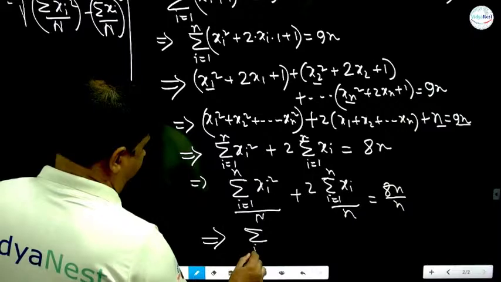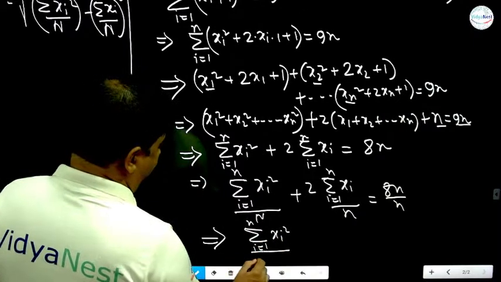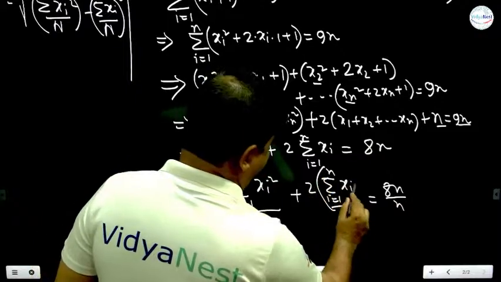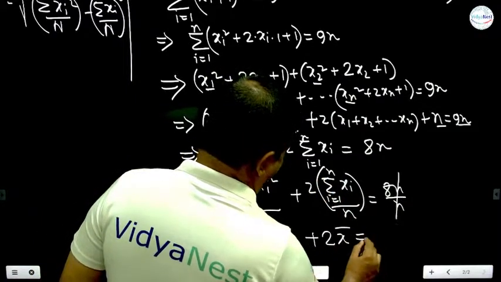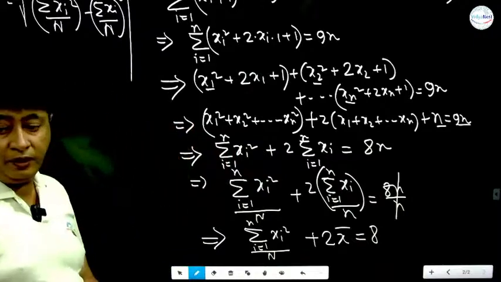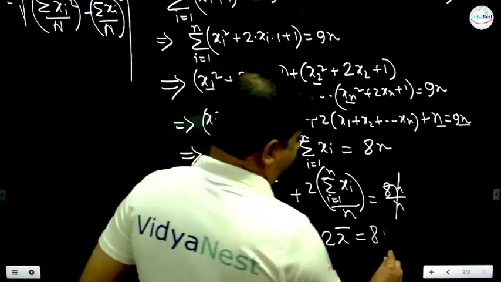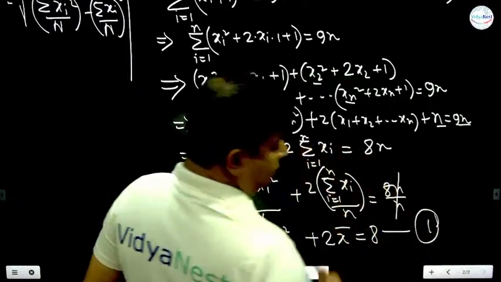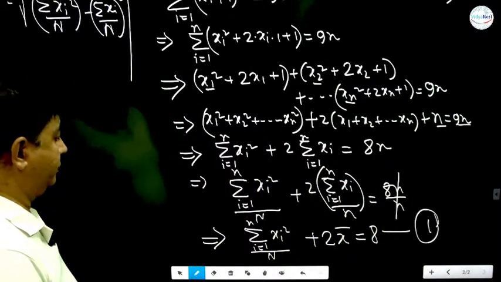Summation of i equals 1 to n xi square by n. Instead of this, what can I write? 2x bar, n will get cancelled. So I am labeling it as equation number 1. Could you follow this? Yes, sir. I can follow that.